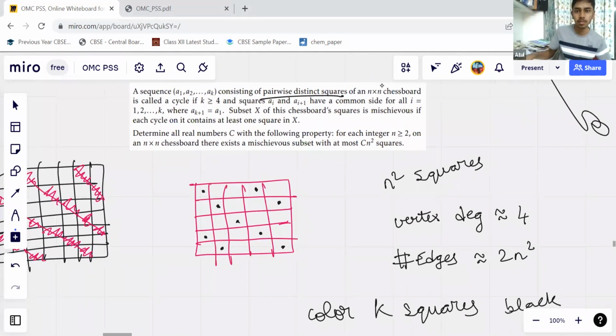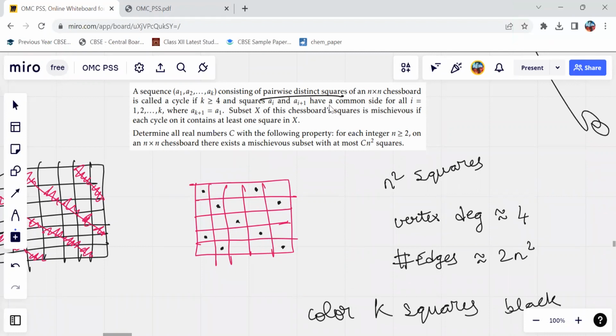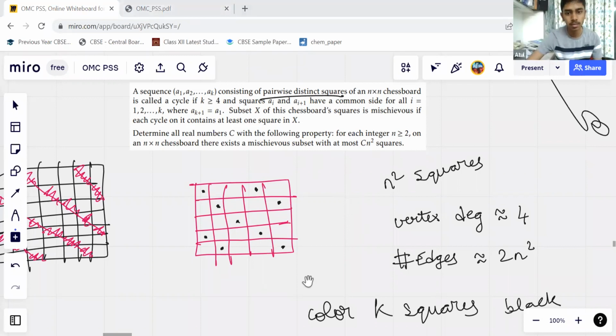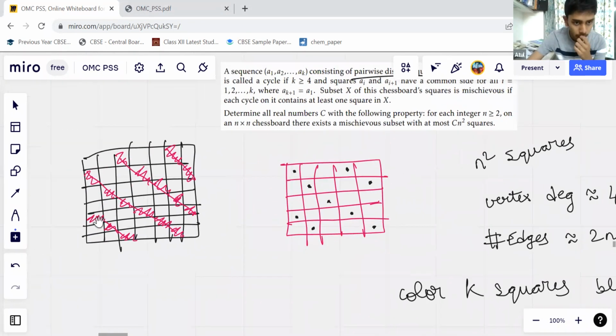Yeah, that's fine. Wait, with at most cn²? Oh, yeah, so all c at least 1/3, or greater than 1/3, one of them. Yeah, you can probably do c at least 1/3.